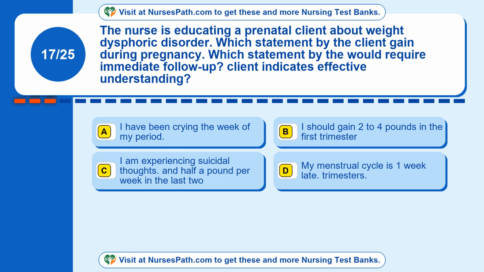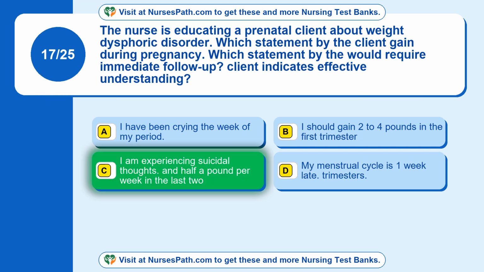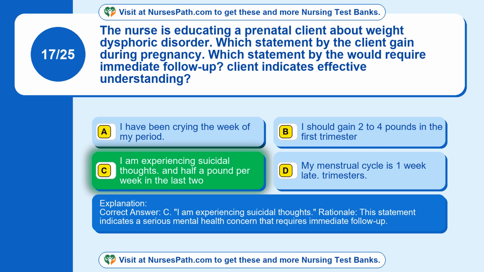Option D. My menstrual cycle is 1 week late. The correct answer is option C. I am experiencing suicidal thoughts. Rationale: this statement indicates a serious mental health concern that requires immediate follow-up.